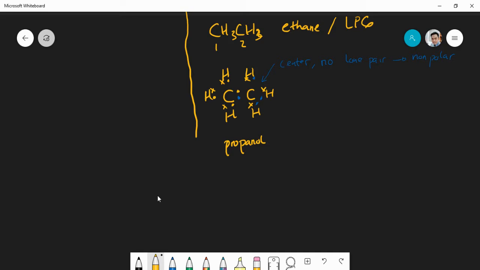Propanol is also a type of alcohol that is in your hand sanitizer. Well, usually it is in the form of isopropyl alcohol, but let's just say propanol. The structure will be CH3, then CH2, then CH2, and then OH. Prop refers to three carbons, so you have three carbons in there.